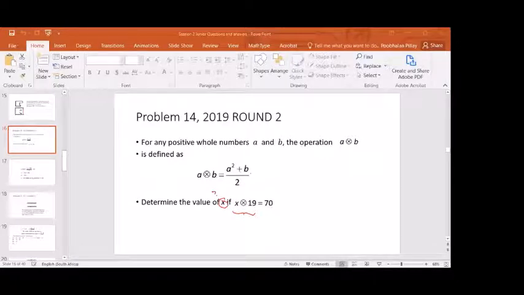You square the first number and add it to the second number. And then when you do that, you will get x squared plus 19, and you divide that by 2, equals 70. And there you have it.